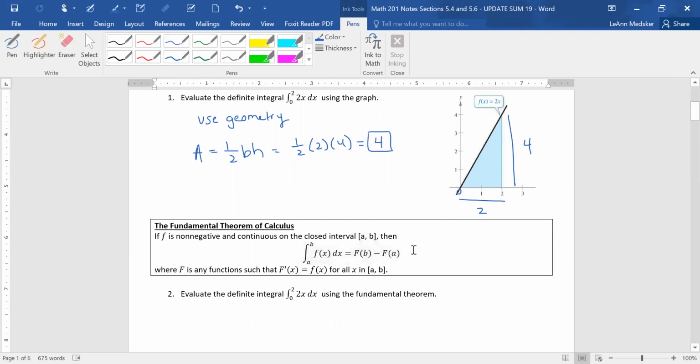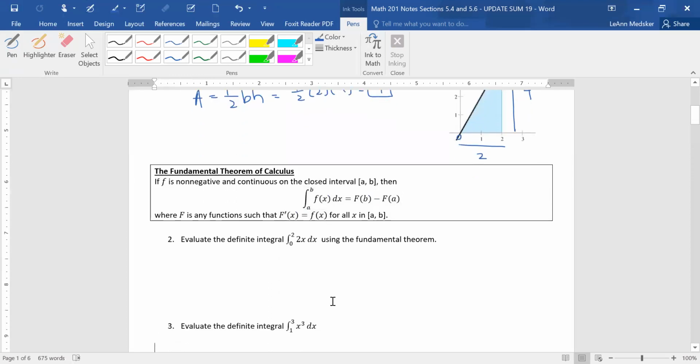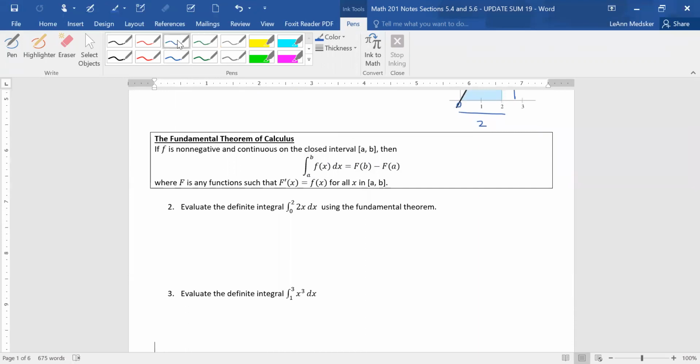We don't have a plus c here because we're not going on indefinitely. We're just looking at the difference in the two evaluations. Remember, big F is any function such that if you take F prime of that, you go back to the original function.